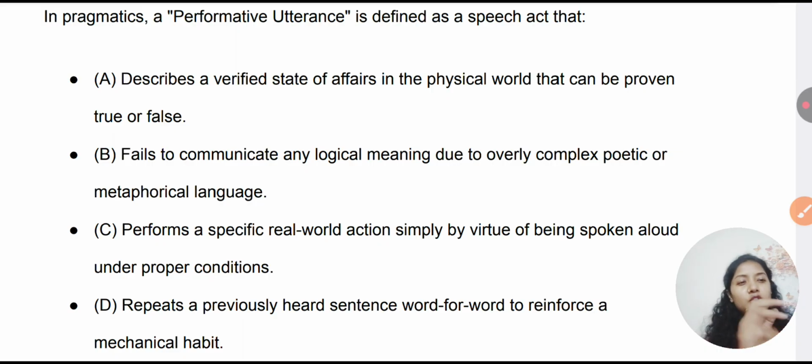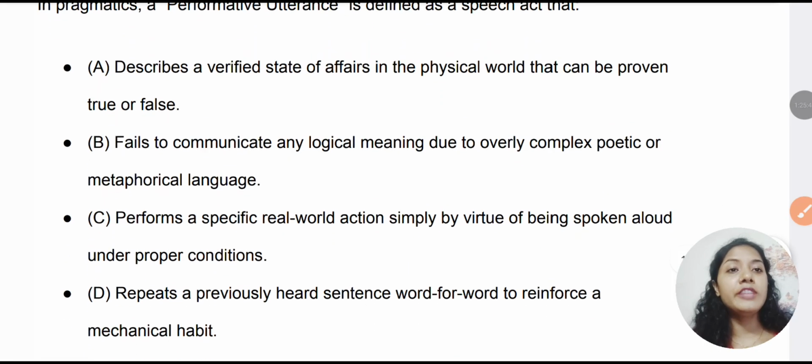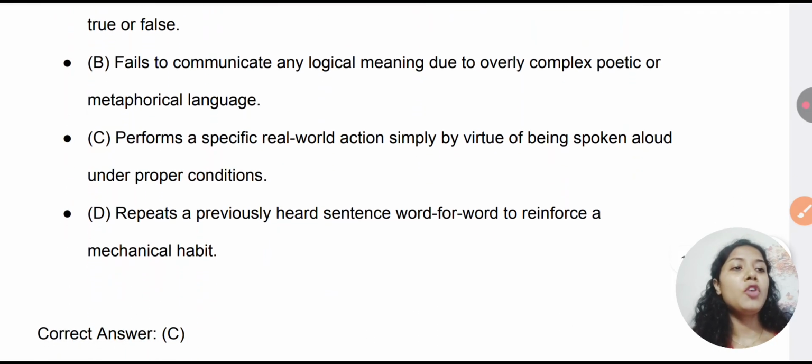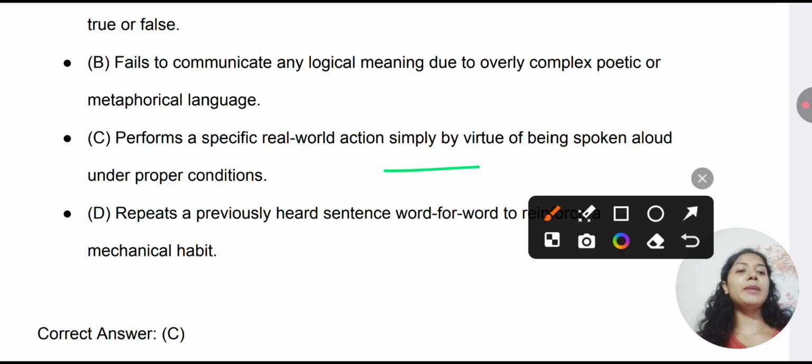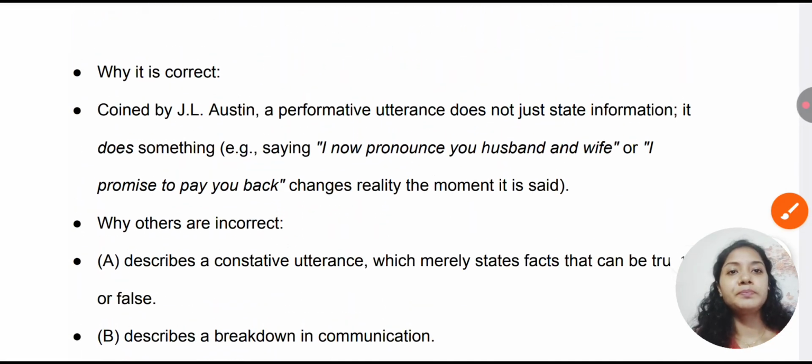Correct answer will be option C. A performative utterance is defined as a speech act that performs a specific real-world action simply by virtue of being spoken aloud under the proper conditions. So you can simply understand competence and performance as the same topic, with the theories by Noam Chomsky. Okay, move on to the next one.